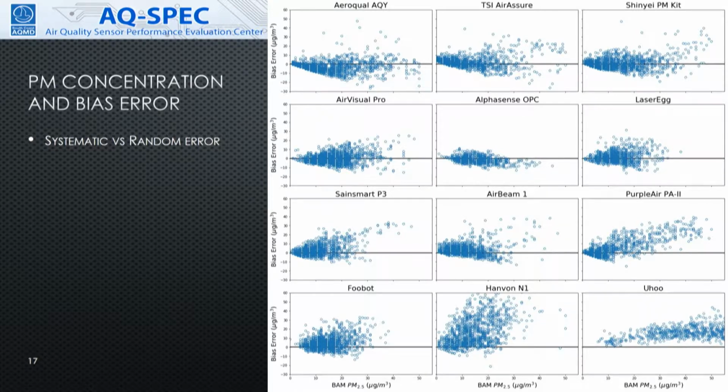Taking a look at a couple of examples, we can see a systematic error here, and then it turns into more of a random error as you get above 20, 25 micrograms per cubic meter. So you may be able to correct for some of this at the lower concentrations, but at higher concentrations, you're going to get that random error that will be more difficult to correct for.